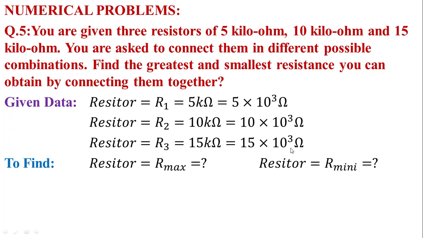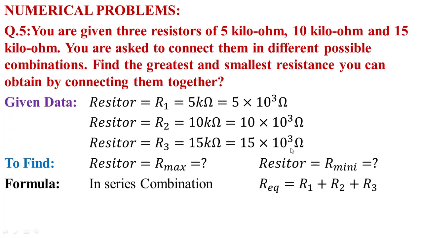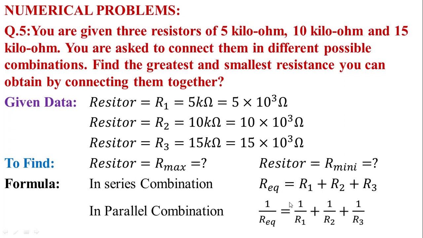We use the formulas: in series combination, the equivalent resistance R equivalent is equal to R1 plus R2 plus R3, and in parallel combination, 1 upon R equivalent is equal to 1 upon R1 plus 1 upon R2 plus 1 upon R3. Now we can find the solution.